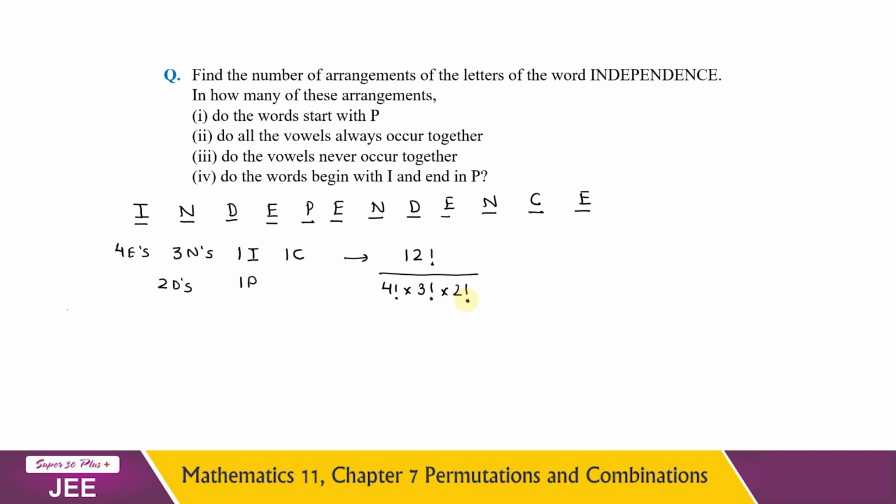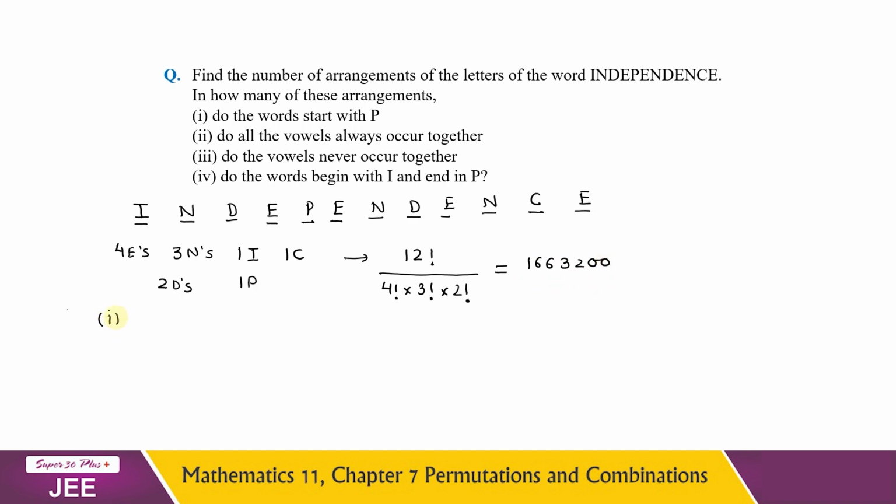Why? Because in all we have 12 letters, and out of these 12, 4 are alike, 3 are alike of another kind, and 2 are alike of another kind. You can do the calculation and arrive at the answer 1663200.